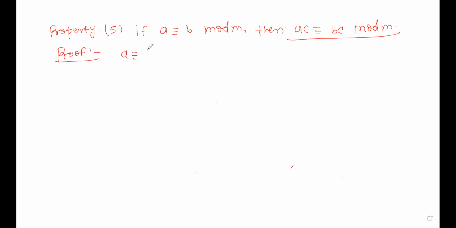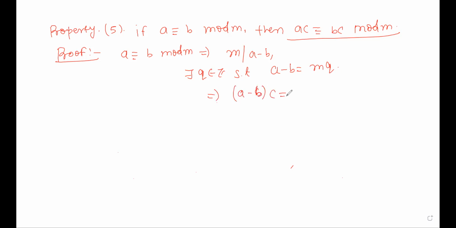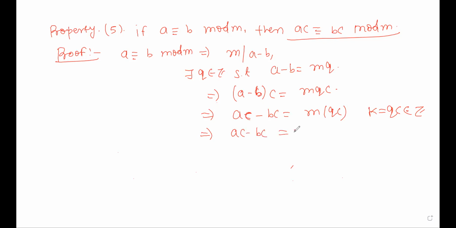If A is congruent to B modulo M is given, it implies M divides A minus B. Therefore, there exists Q in integers such that A minus B equals MQ, and we can multiply both sides by an extra number C: A minus B times C is AC minus BC, equal to MQC. K equals QC is also an integer. Therefore, AC minus BC equals MK, and K is an integer.